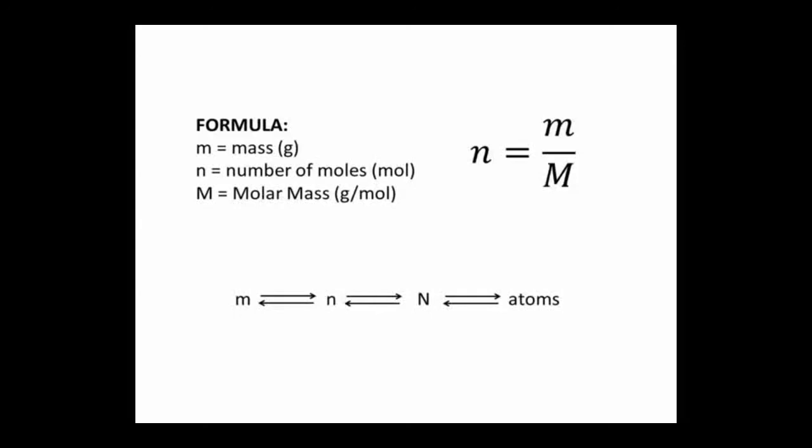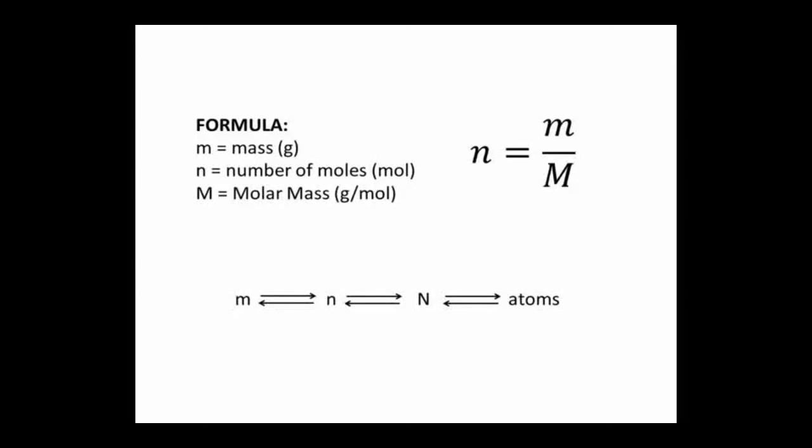Okay, so what will be the formula for number of moles? Number of moles always equals mass divided by molar mass, or we can say number of moles equals mass in grams divided by molar mass of that atom, molecule, or formula unit.